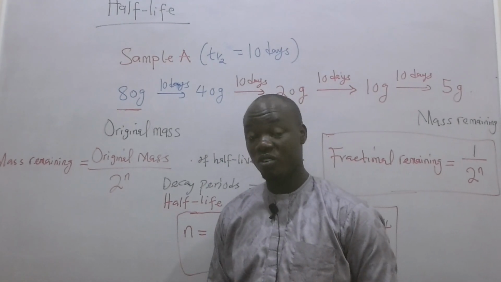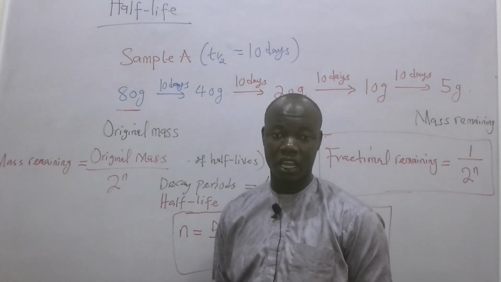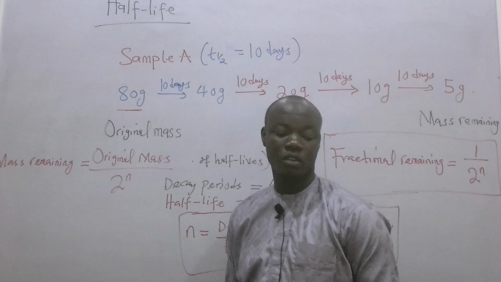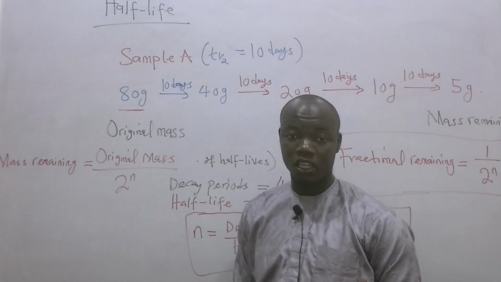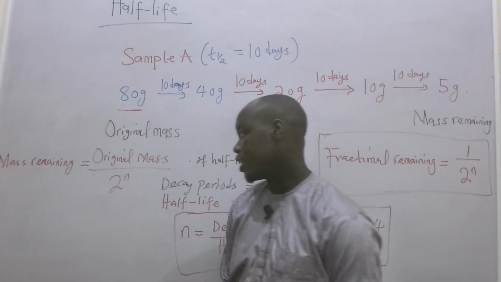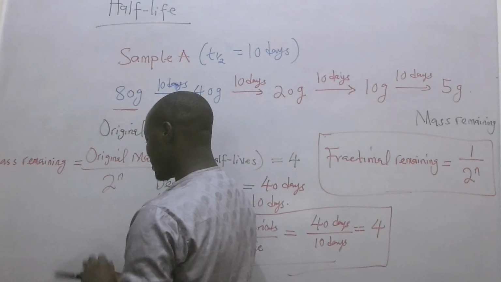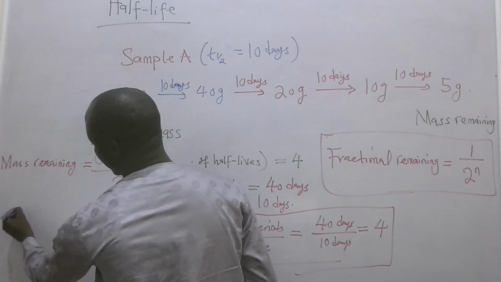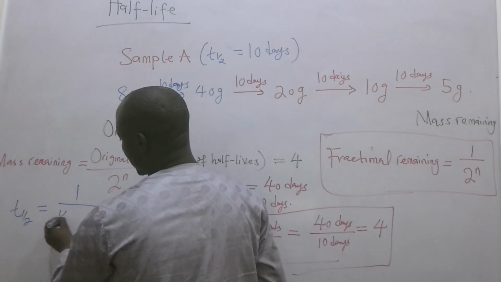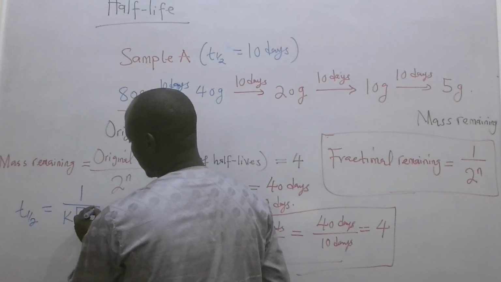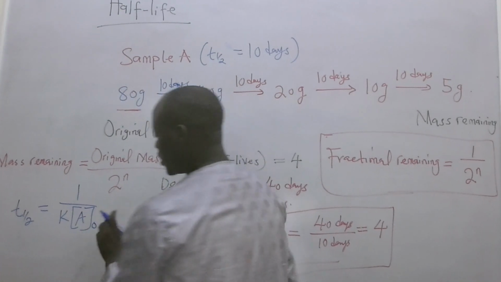Generally in radioactivity, we have different types of reaction. We have first order reaction, and we have zero order reaction. For the zero order reaction, we have a formula that we can use to calculate the half-life. The formula for zero order reaction is 1 all over K times A naught.